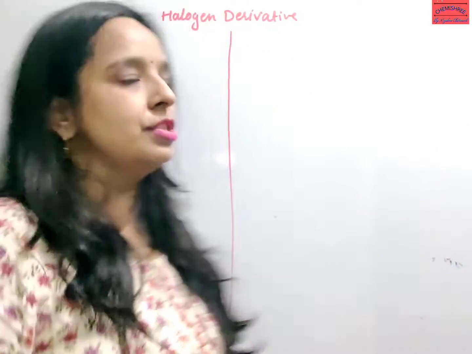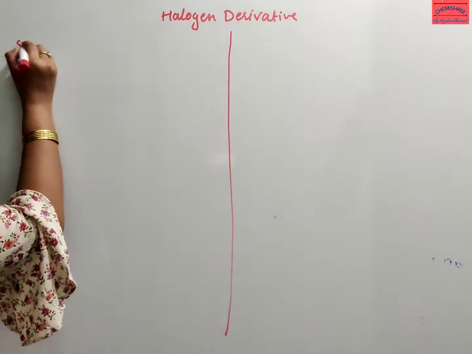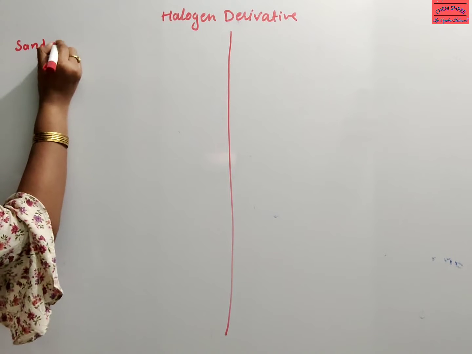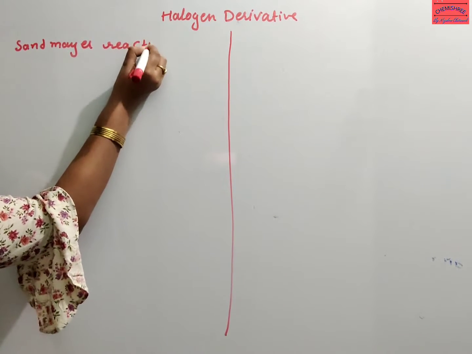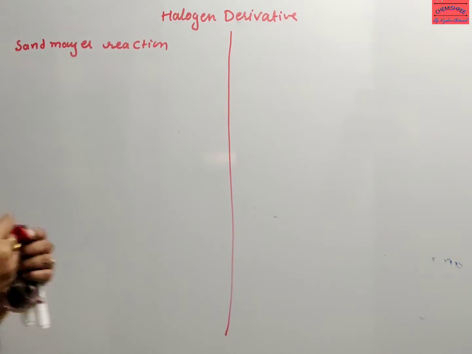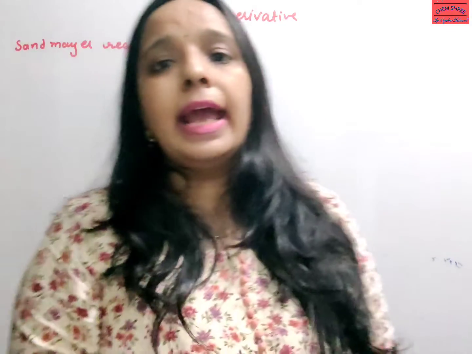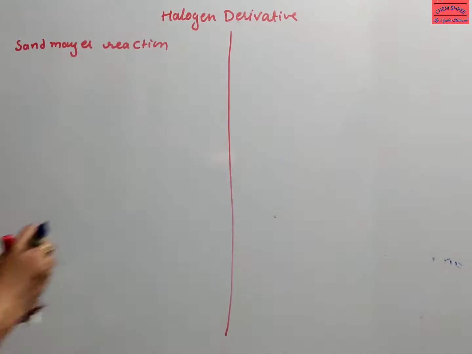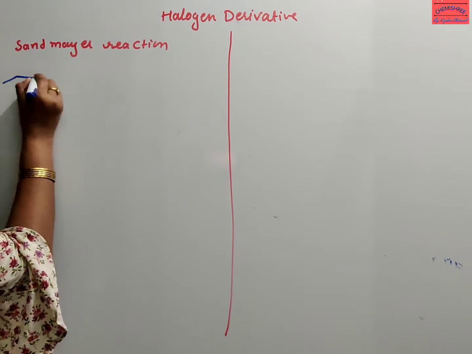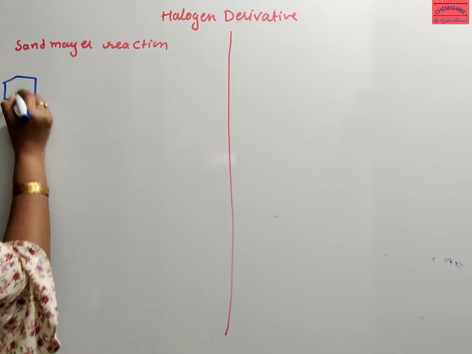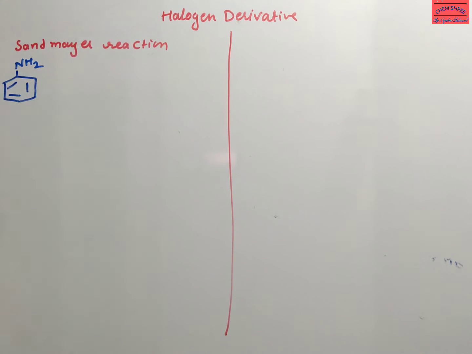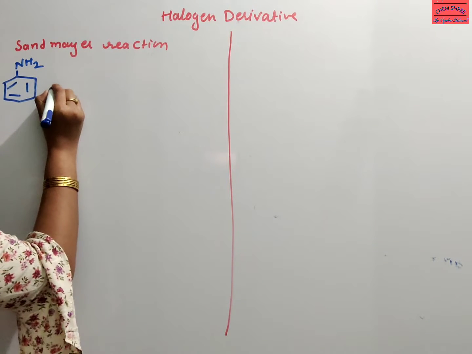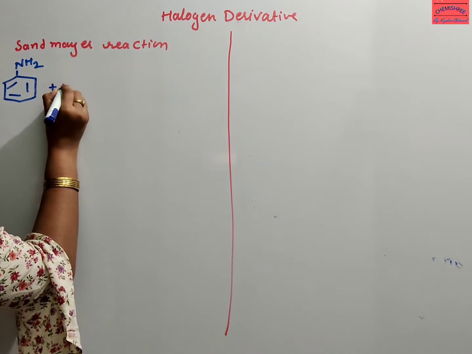Next reaction is Sandmeyer reaction. Just see Sandmeyer reaction. In Sandmeyer reaction, we will take aniline as the starting material. Aniline, benzene have NH2 group. And this is treated with nitrous acid.